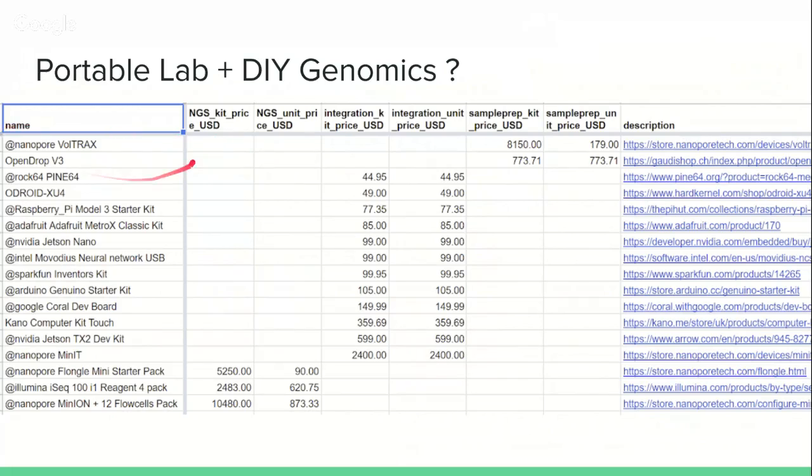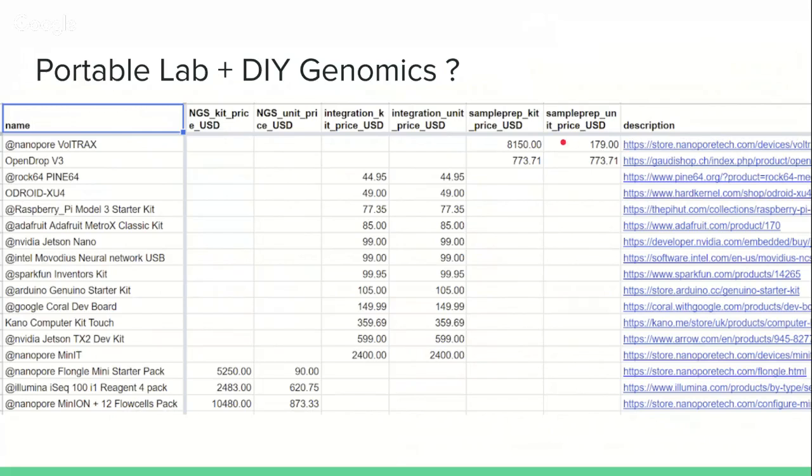And then on top, I've done a couple of them on sample prep. The VolTRAX itself from Nanopore, which my calculations make it at a per unit price of below $200, but with a kit that contains a lot of things, including sequencing reagents and MinION flow cells.